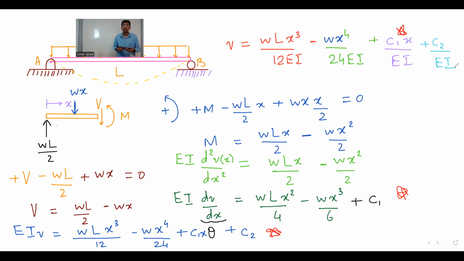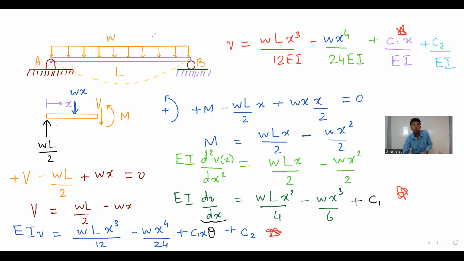Okay, how can we find now C1 and C2? Boundary condition. Initial condition is technically not the right answer because initial condition means something that is dependent on time. The word initial means boundary conditions. So tell me the boundary conditions then.